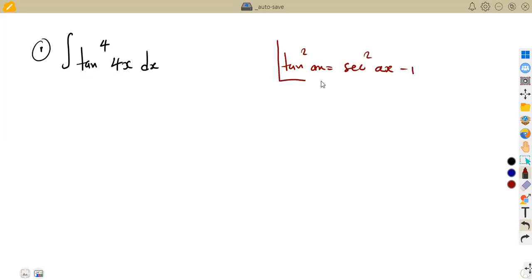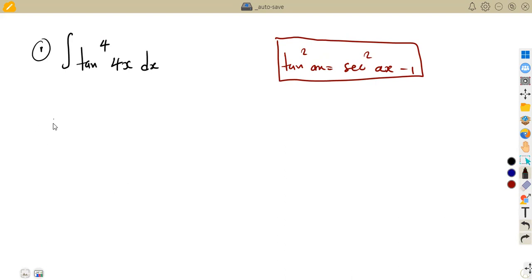If we take a closer look, whatever I'm going to do here must be written in terms of tan squared. So how can we expand tan to the exponent of 4 in terms of tan squared? This is what you're going to have.